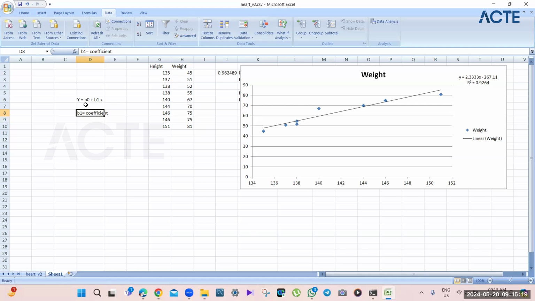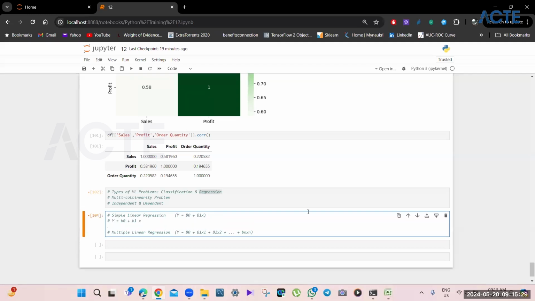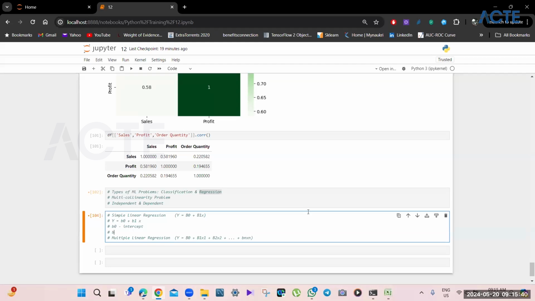As simple as that. So this is simple linear regression, the basic equation: y is equal to this, where beta naught is the intercept and beta 1 is the slope, or we call it the coefficient.